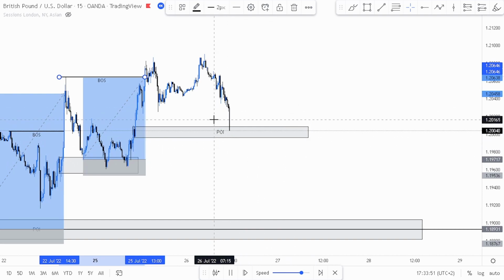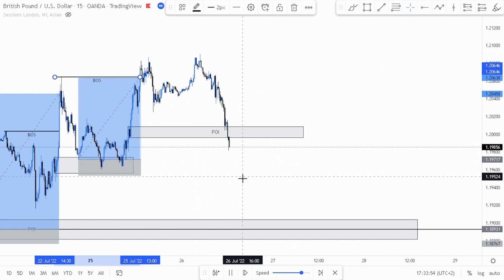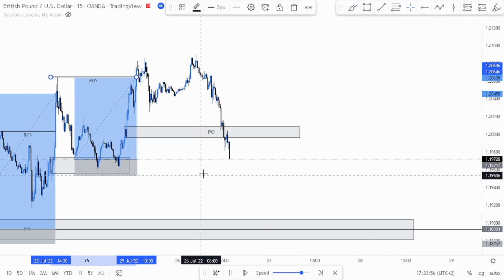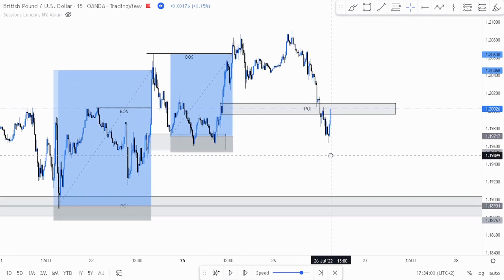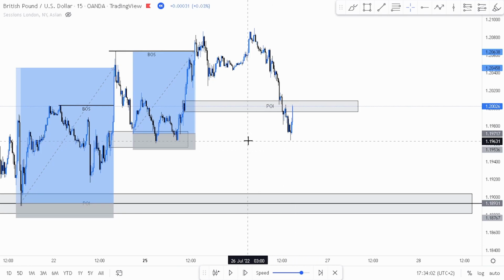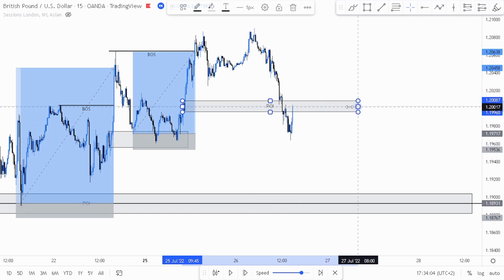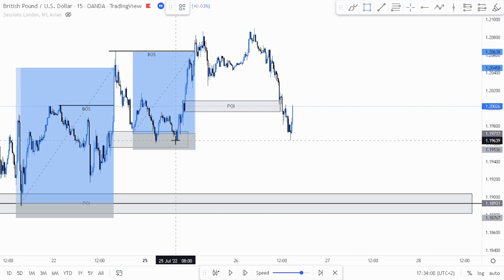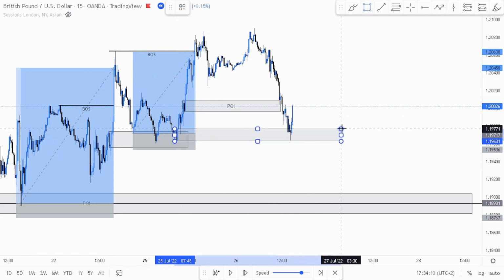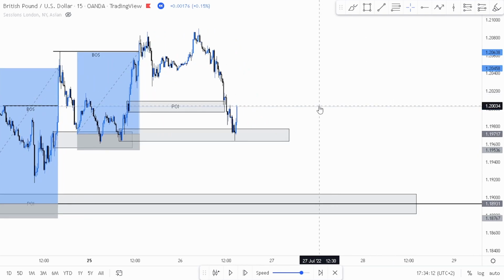So price is slowly coming to our point of interest, and right over here we got taken out in this trade, and basically price did react to this level of demand right over here.